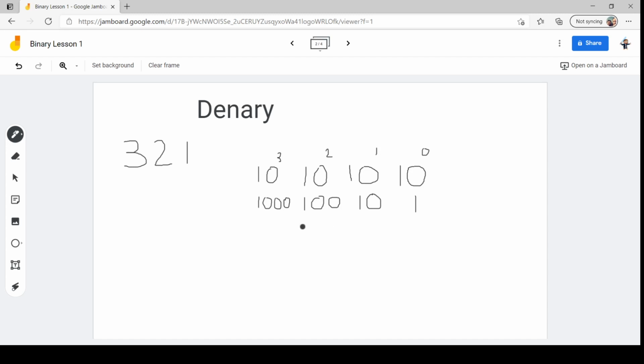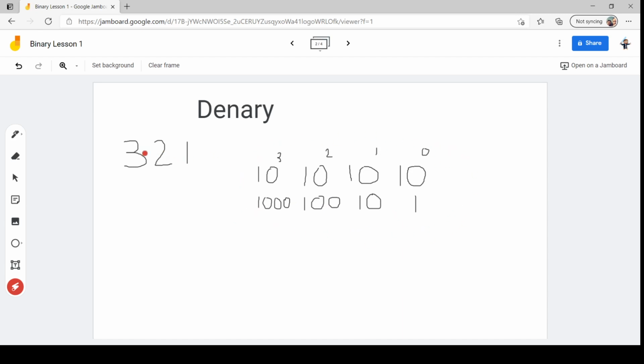Now, this could look familiar depending on how well you paid attention in primary school maths, okay? But this is our units, this is our tens, this is our 100s, and this is our thousands, okay? Now what that means is any number from left to right is made up using these, okay?